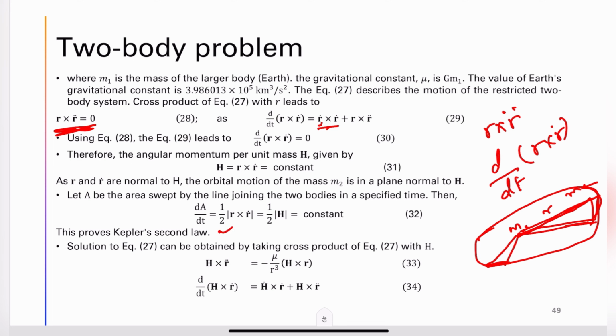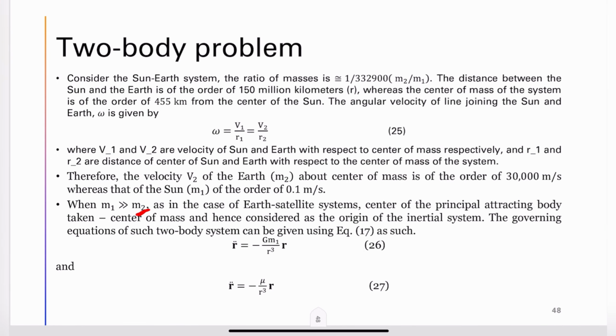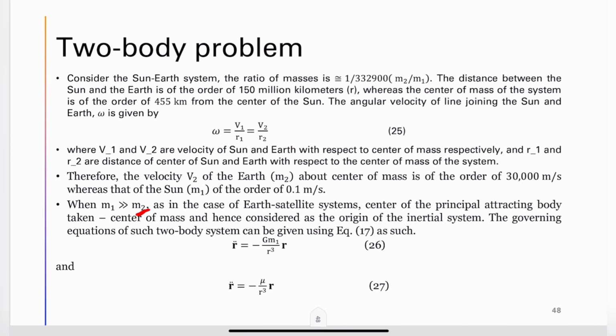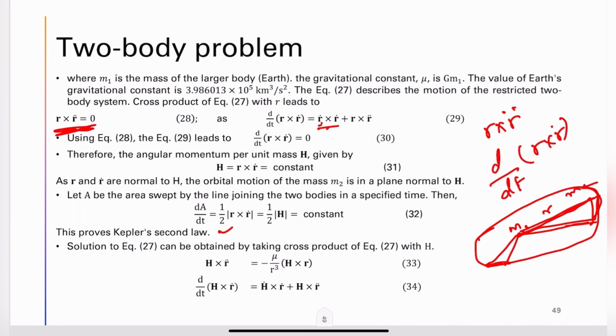Now, the solution to expression 27 can be obtained by taking a cross product with h. Again, for the same expression, we'll take the dot product to get the energy. So we'll first derive the motion and position, and then we'll derive the energy of the same body m2.